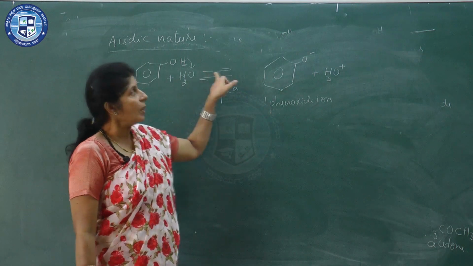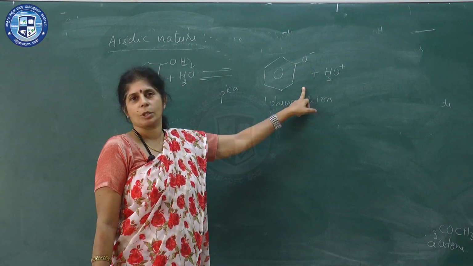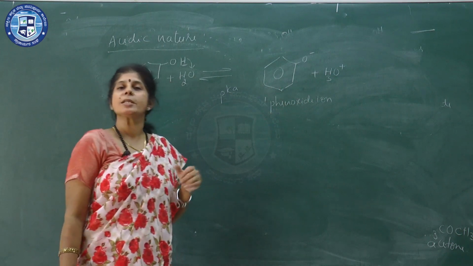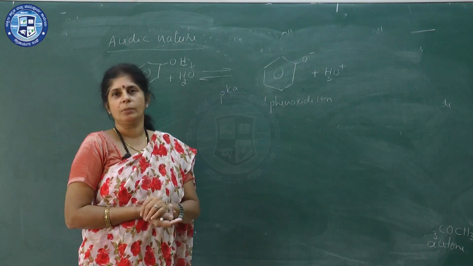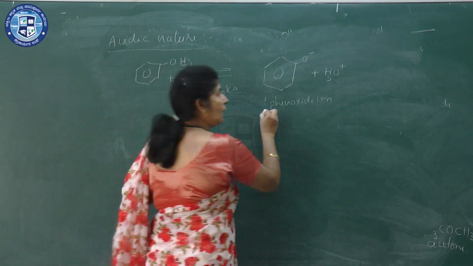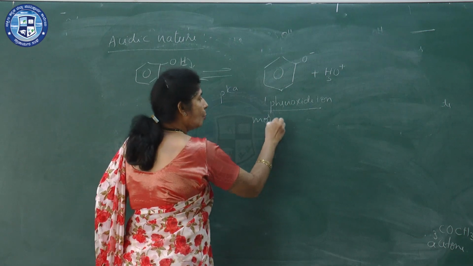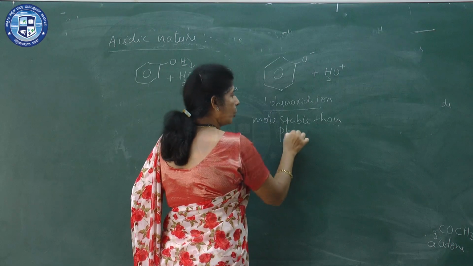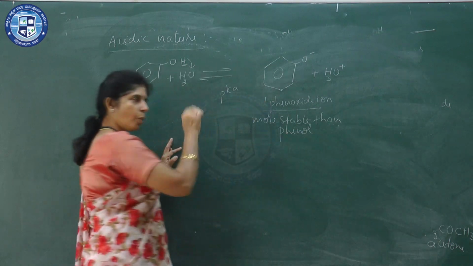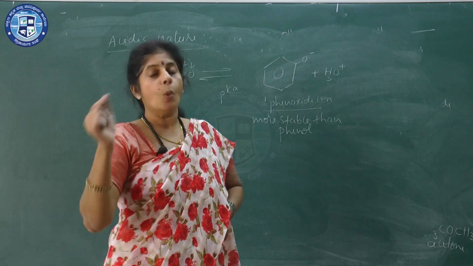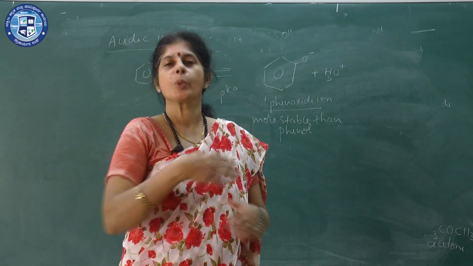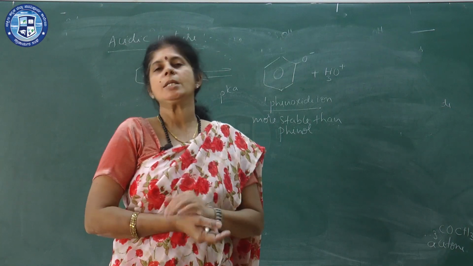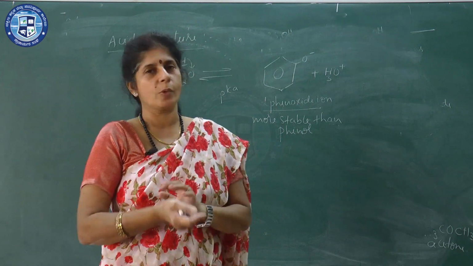When is this possible? Only when the obtained phenoxide ion is more stable than phenol, right? If the obtained phenoxide ion is more stable than phenol, only then the reaction proceeds in the forward direction.